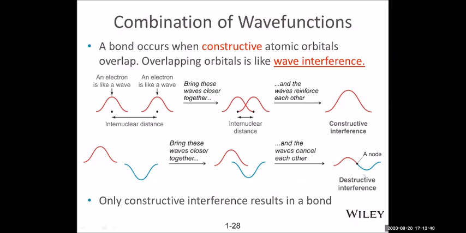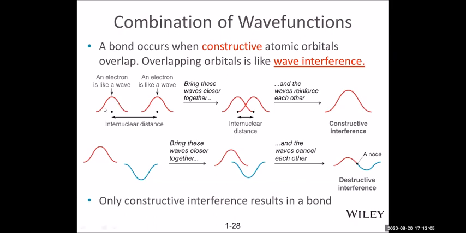The basic idea is it depends on how the waves combine. The wave function has positive and negative signs, and when wave functions from different atoms overlap, the sign affects how the combination turns out.